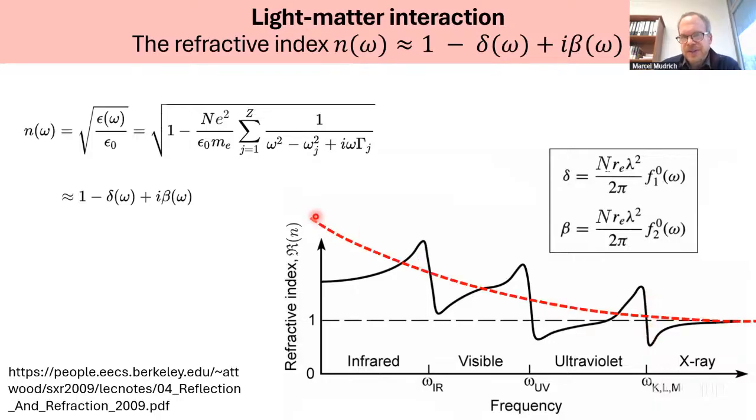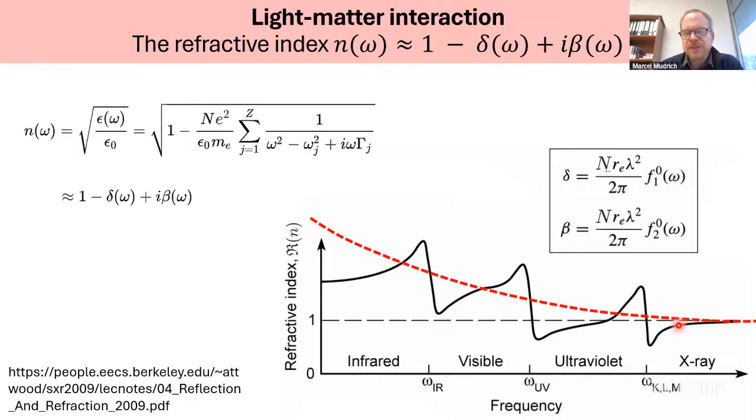Overall, there is this trend of a falling index of refraction, and that actually concerns both the delta and the beta term. So in general, the index of refraction in the X-ray range is very close to 1, which is already an important finding, which tells us that it's very hard to make any lens that has a strong focusing property, because the index of refraction is just so small.